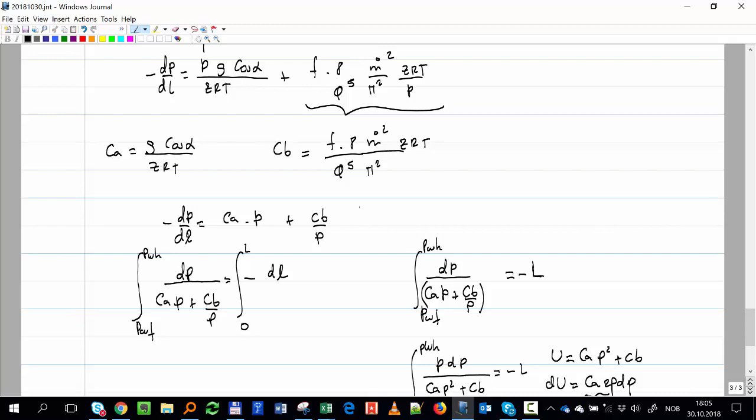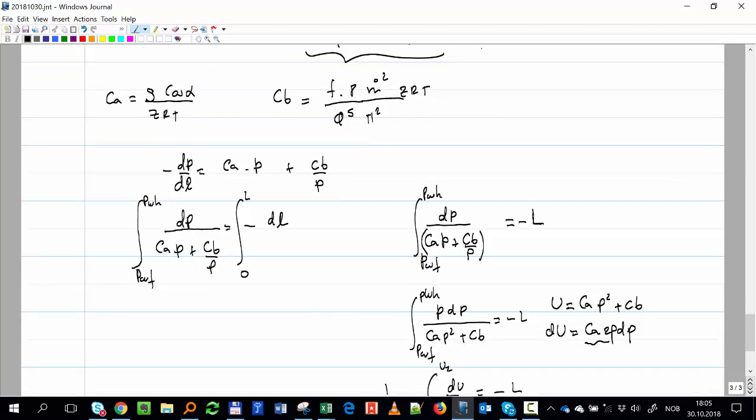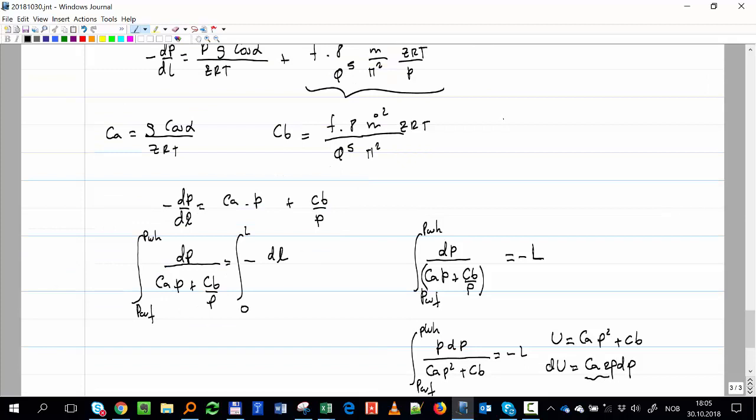So, to make my life easy, I will say, well, yes, they are going to change, but I'm going to use for the integral these numbers using an average value. Z average and T average, and Cb will be calculated using T average. It's equivalent to saying, yes, it's going to change, but really what drives the change in density is mostly pressure.